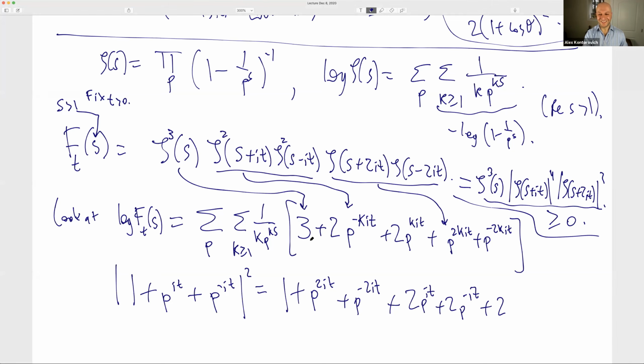And that's all, instead of it, it's kit. So this whole thing is actually 1 plus p to the kit plus p to the minus kit, squared.